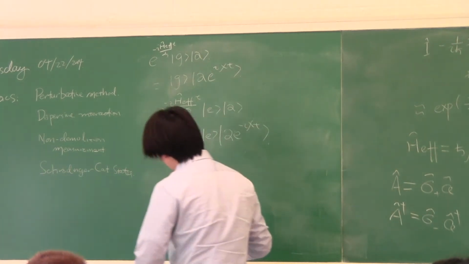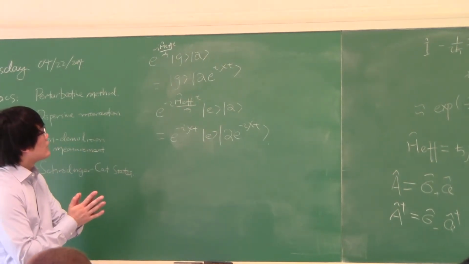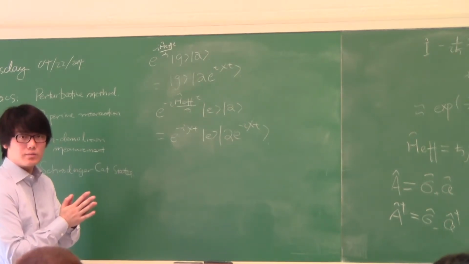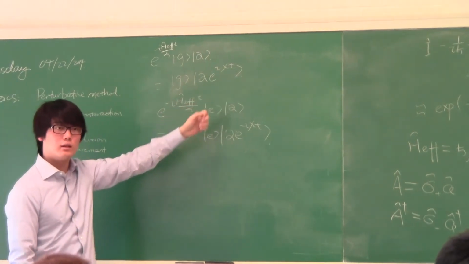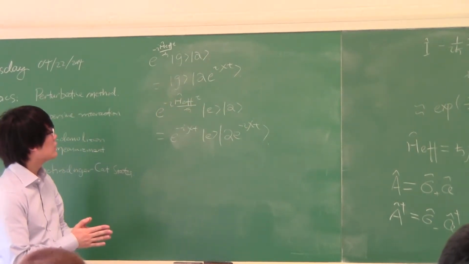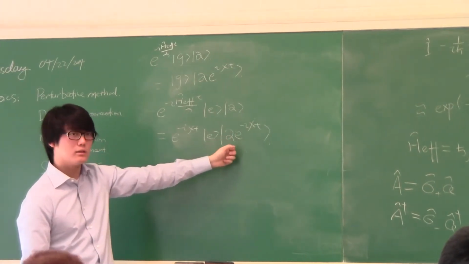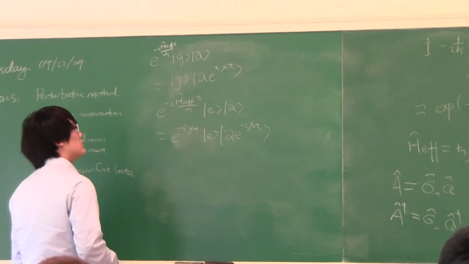What's interesting is that for the atom in the ground state, the coupling gives you a coherent state rotating in this fashion, while for an atom initially in the excited state, you have a coherent state rotating in this fashion. So why are these two coherent states different?